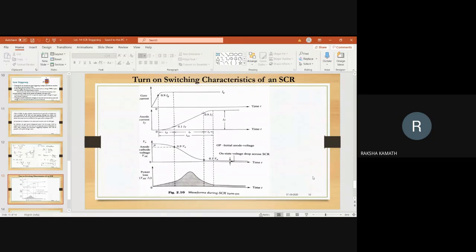And when the gate current has reached Ig, the anode current starts increasing and the anode voltage will start decreasing, and the power loss will increase. Okay. Anything else you want to add there?